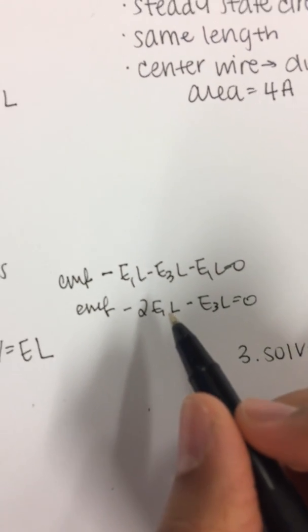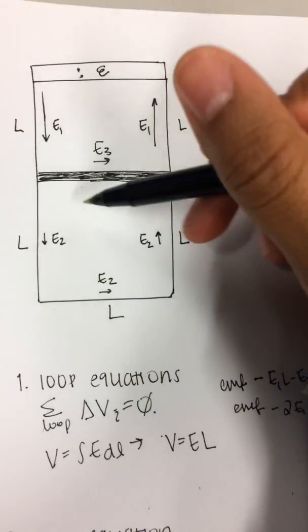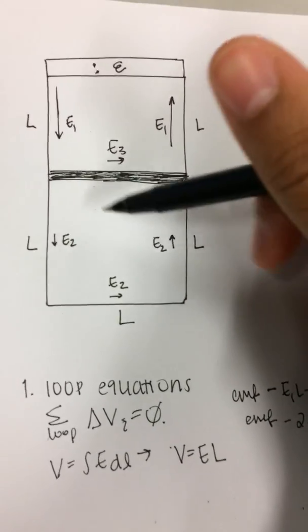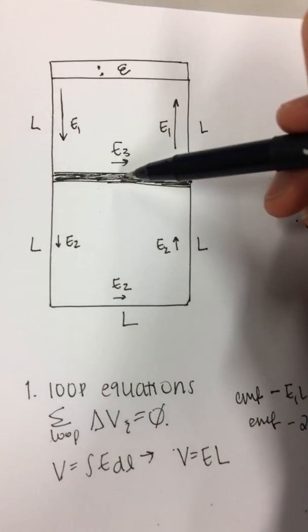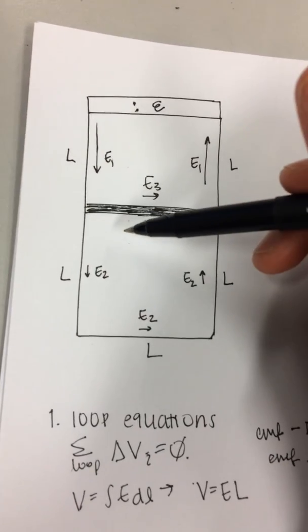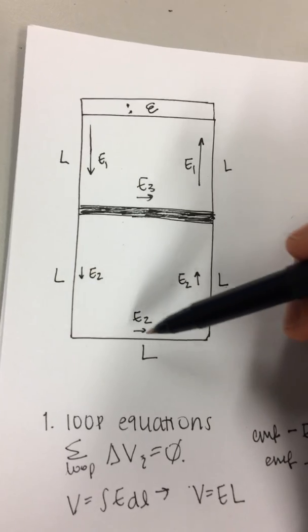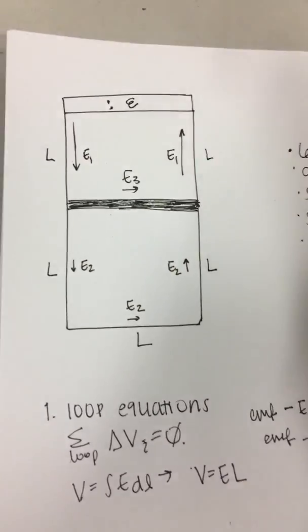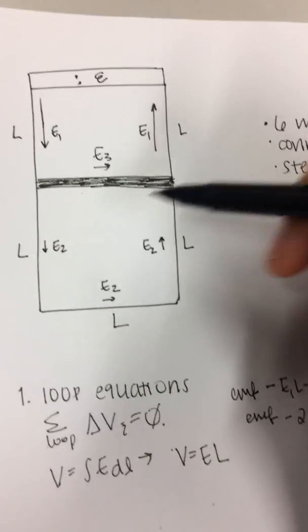And then for the second one, you can look at a smaller loop down here. So that would be E3L minus E2L minus E2L minus E2L equals 0. So this loop right here.